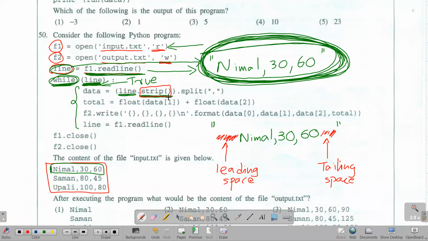If the value is something like this, the strip function will convert it into something like this: Nimal starts at the very beginning with no spaces, comma 30, comma 60, and the string ends right after the 0.